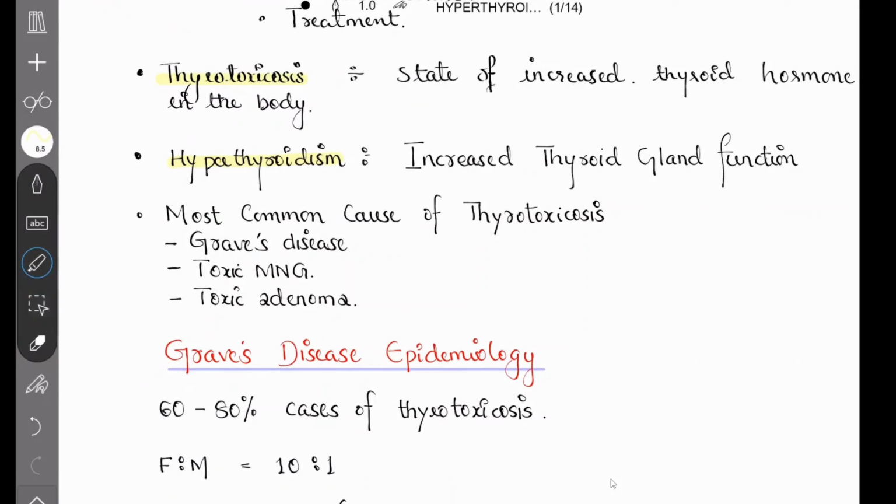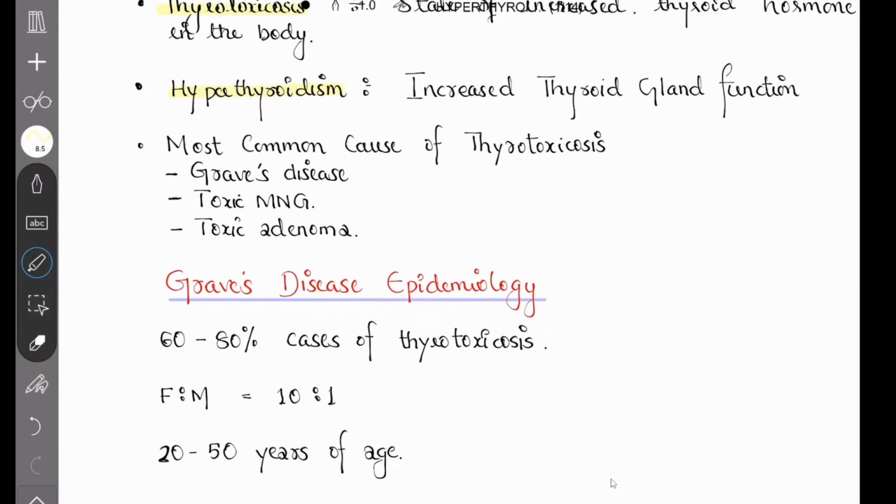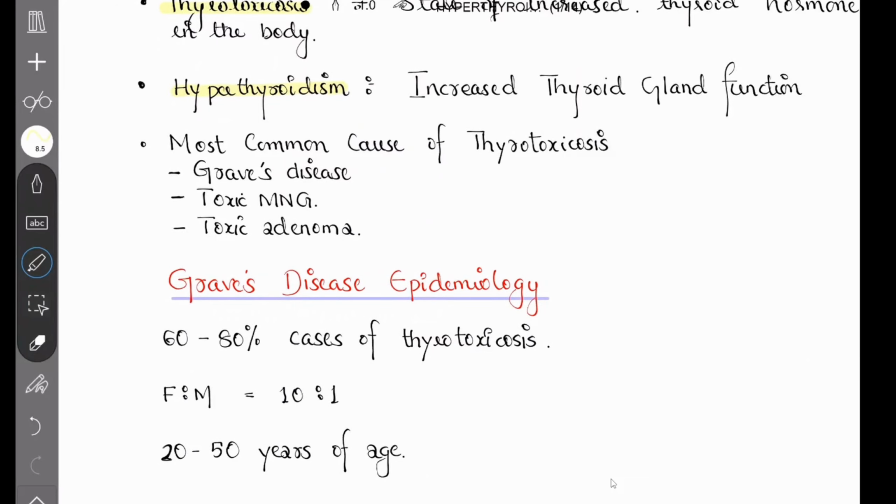So thyrotoxicosis is the total thyroid hormone increase in the body. Hyperthyroidism means the thyroid gland is increased in function. So hyperthyroidism is a part of thyrotoxicosis. Thyrotoxicosis has many sub features, including hyperthyroidism. The most common causes of thyrotoxicosis are Graves' disease, toxic multinodular goiter, and toxic adenoma.